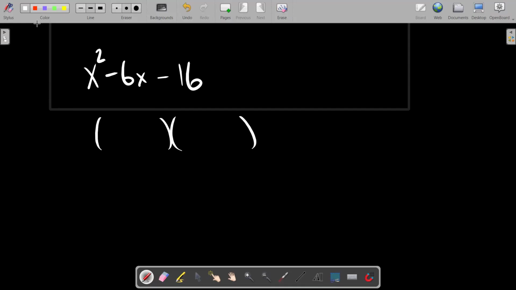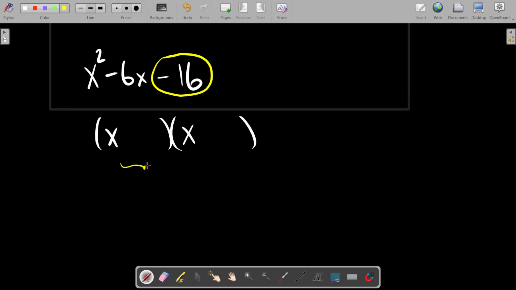So how do I start? Put two x's in there because I know I need an x times an x to make x squared. Now let's be smart about this. Looking at the yellow egg in the back, tell me about the signs I'm going to need. I need one of each because no matter what, at the end of the day, and this is where 99% of the mistakes happen, is this conversation here.